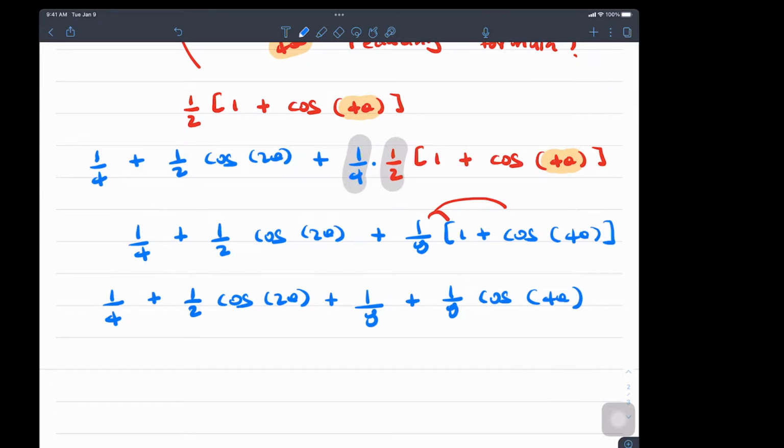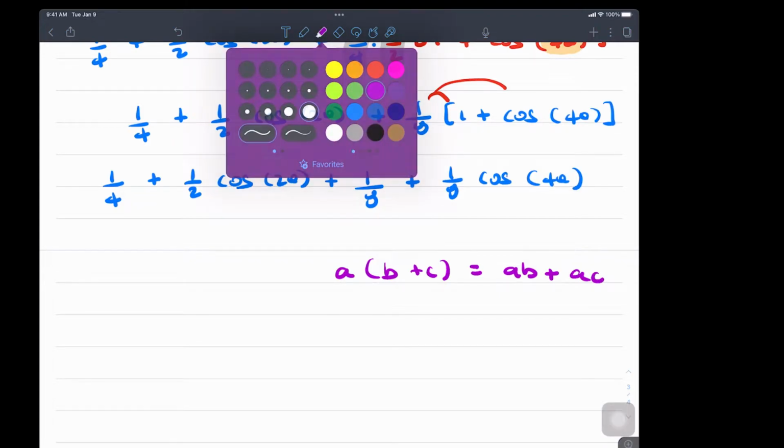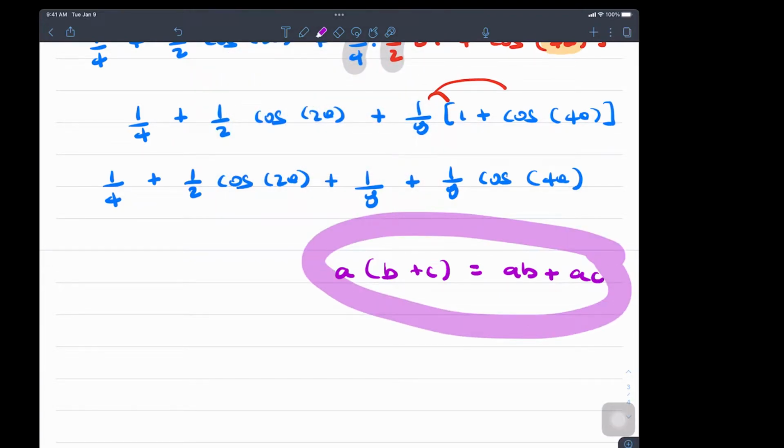We distribute. Now, maybe you said, I want to see an algebra formula for distributing, right? Remember, if you have a sum, this is A times parentheses of B plus C. Isn't that AB plus AC, right? That's what I mean by these algebra formulas that we use.